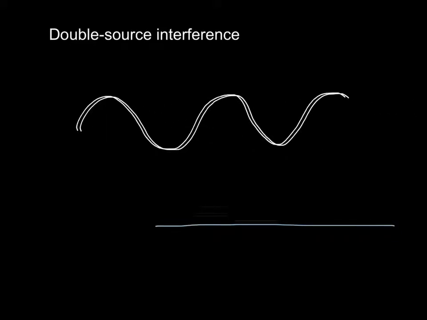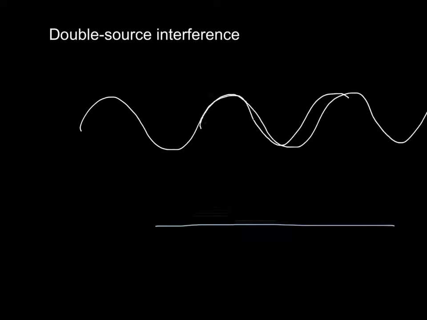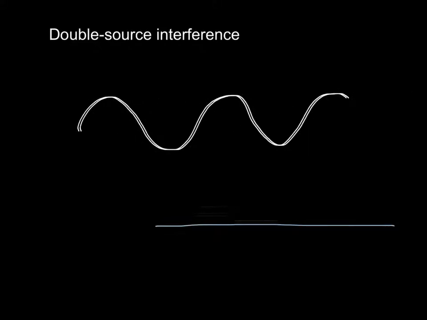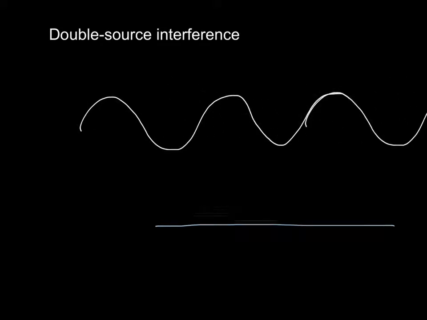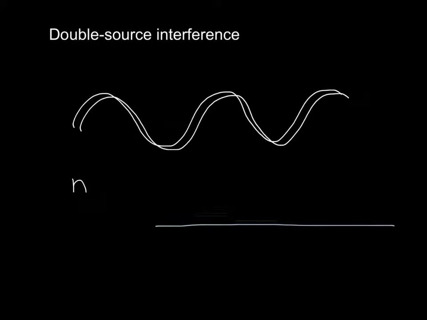So it's either for 0 wavelengths, or 1 wavelength, or 2 wavelengths, and so on. So for anything that's an integer times a wavelength, which means for path difference of n times lambda, where n is an integer, I will get constructive interference, simply because these two things add up.